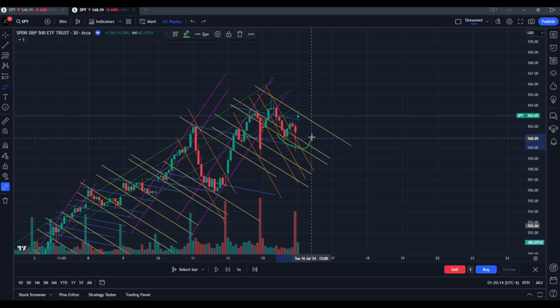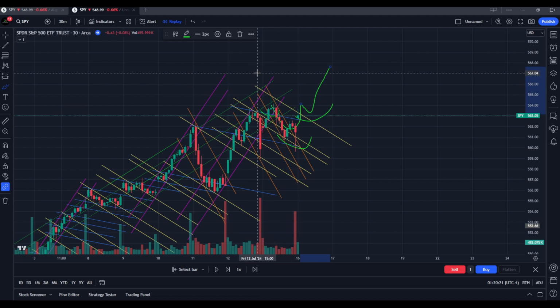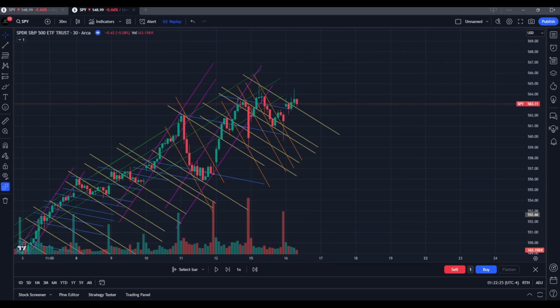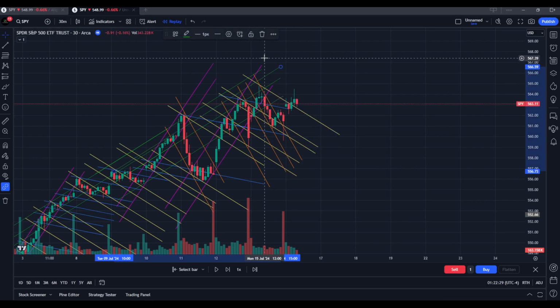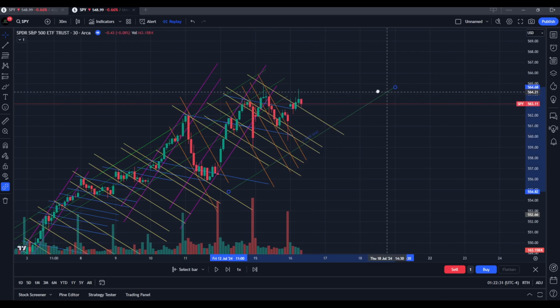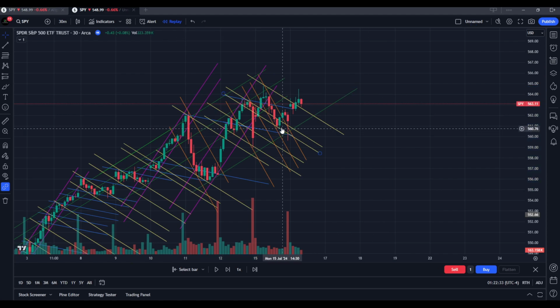But we do see that we are still forming this another cup right here. So let's see if we can continue higher. Before pressing play, I also do need to chart another green down here, and then we will look for what we can see because you see this bounce off of it right here.